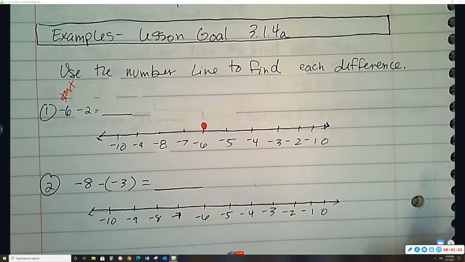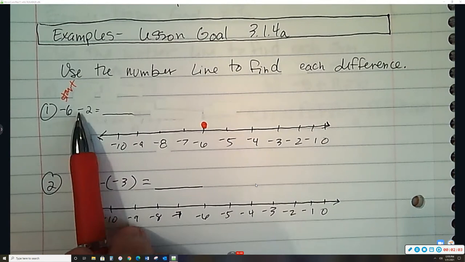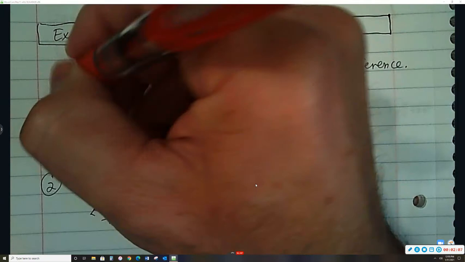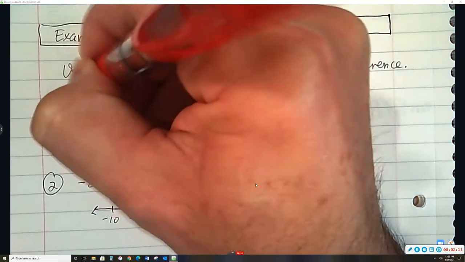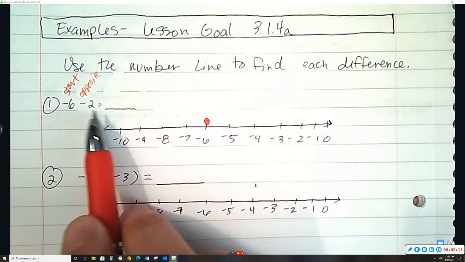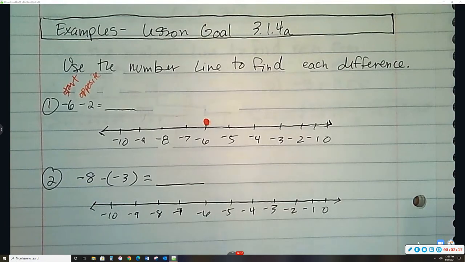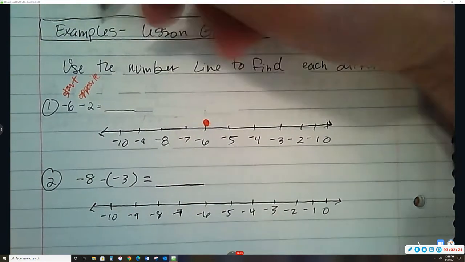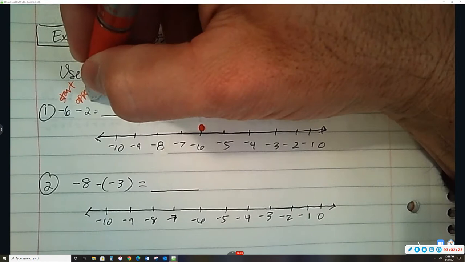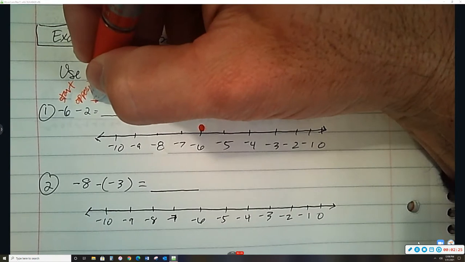Okay, and then this is not -2, it's -6 minus 2. Okay, so the minus is opposite, and the 2 is positive, so that tells me I'm going to move 2 places to the right.